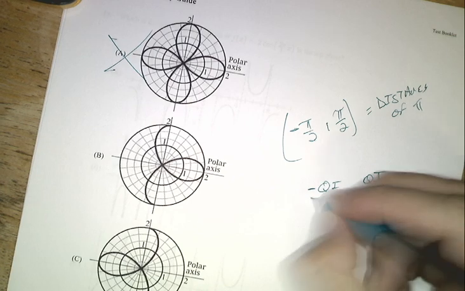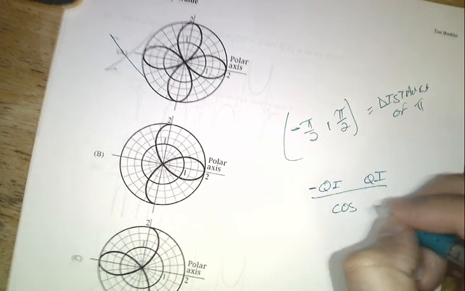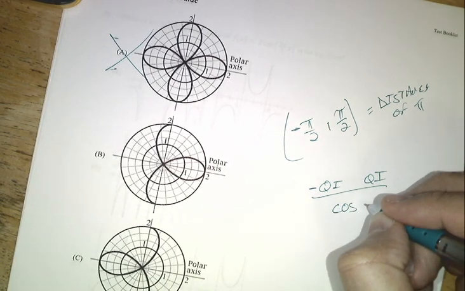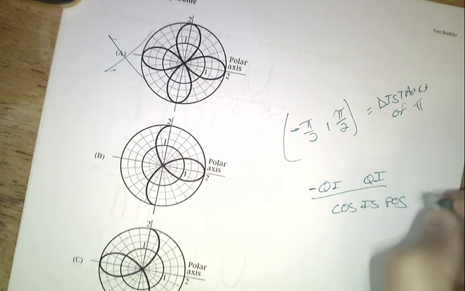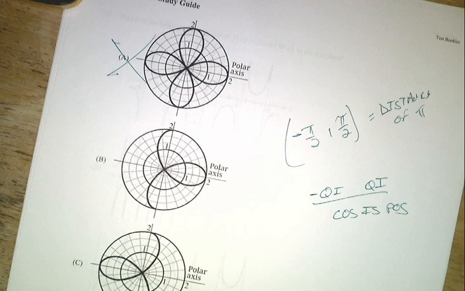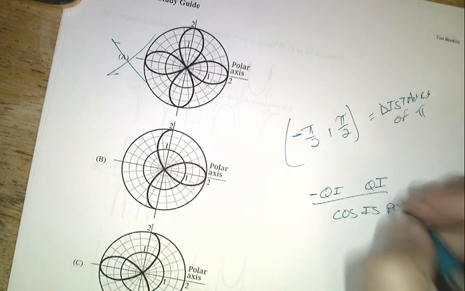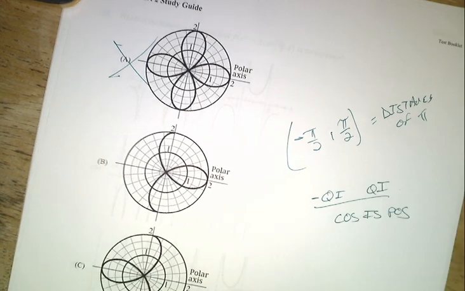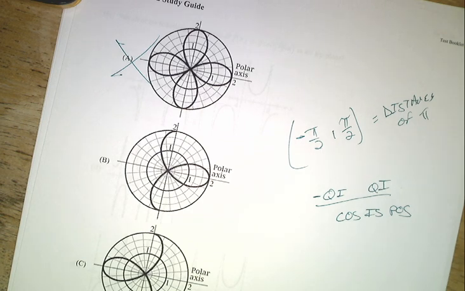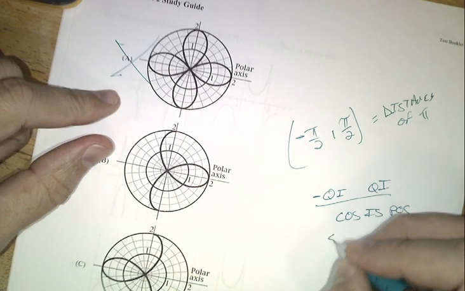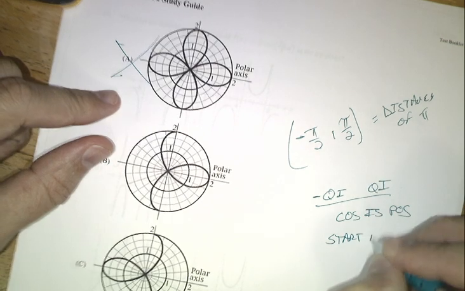So here on these, cosine is always positive. Cosine is positive in these 2 intervals. And since it's normal cosine, there's no negative in front, so that means we need to start at a max.